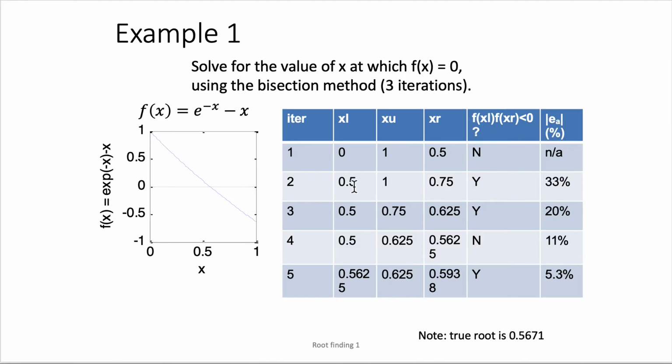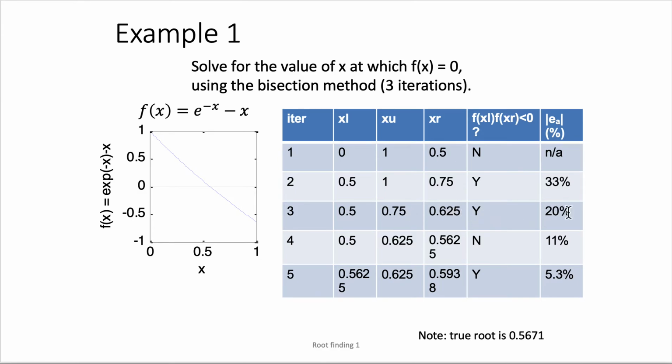So we reset the x lower to be 0.5 now and x upper to be 1, and we compute the middle of that interval, which is 0.75. And we ask the question again: is the root between 0.5 and 0.75? It says yes, so we keep 0.5 and 0.75 as our new bracketing interval, and we repeat this, right?